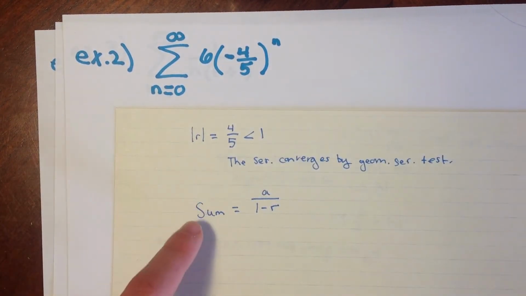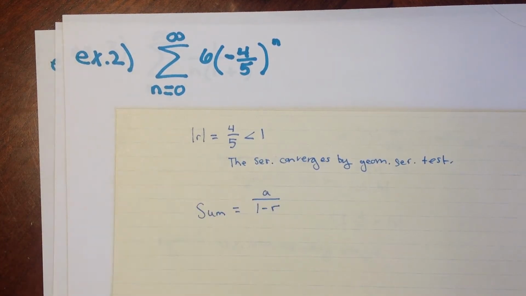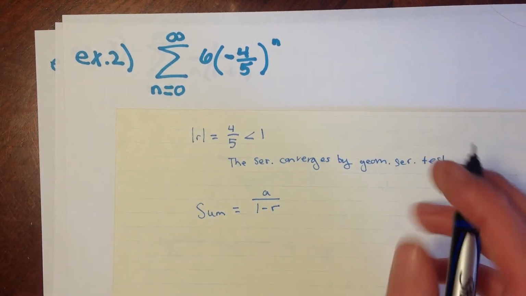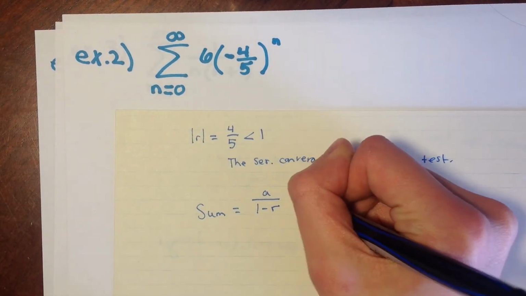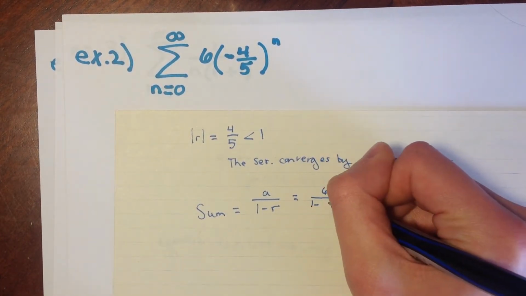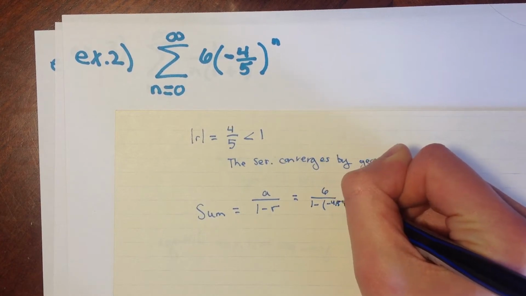And as I said, when the index is 0, your a is always going to be your actual a value, which is 6. So your sum is equal to the a value, 6, over 1 minus r, which is negative 4/5.